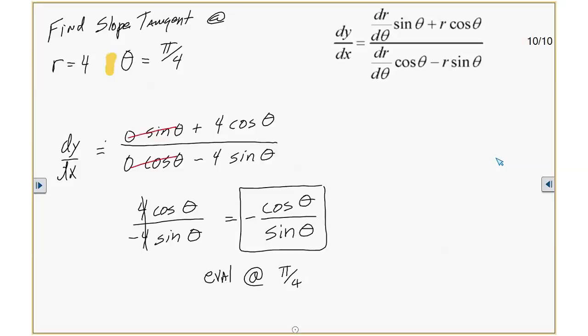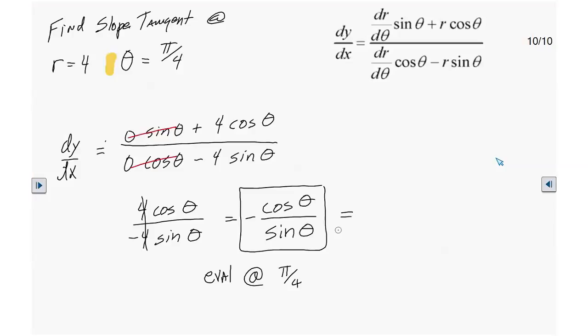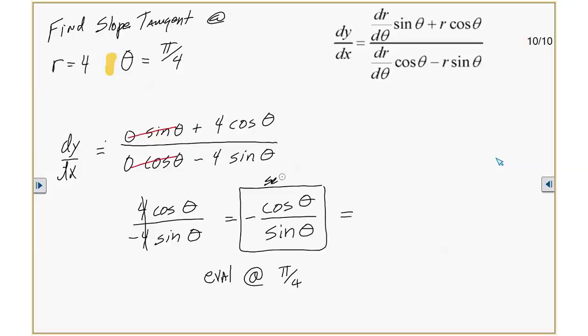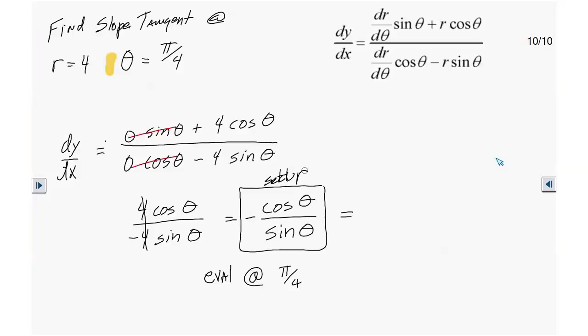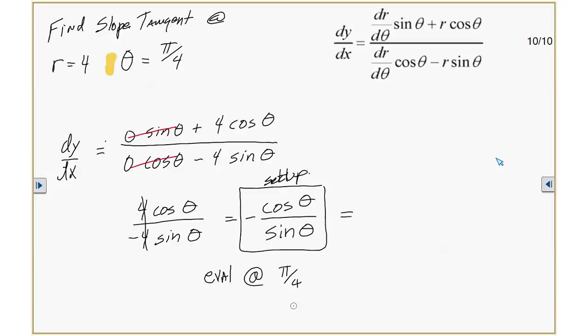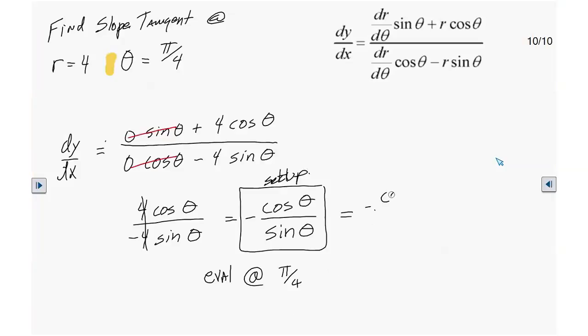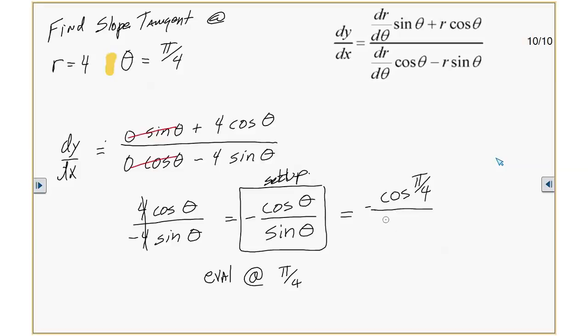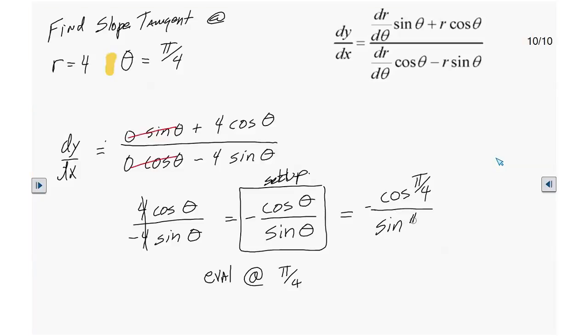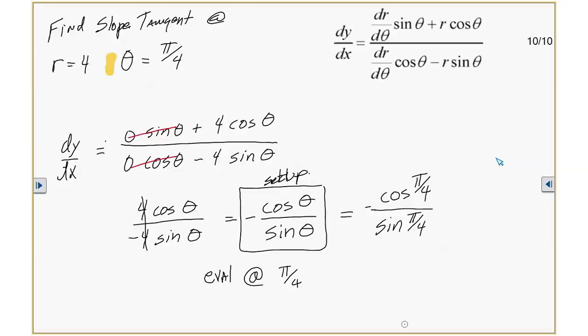So for the next part, this is your setup, this is your derivative. Evaluated at pi over 4, cosine of pi over 4 divided by the sine of pi over 4, and that's your answer, which comes out, I think, to be -1.